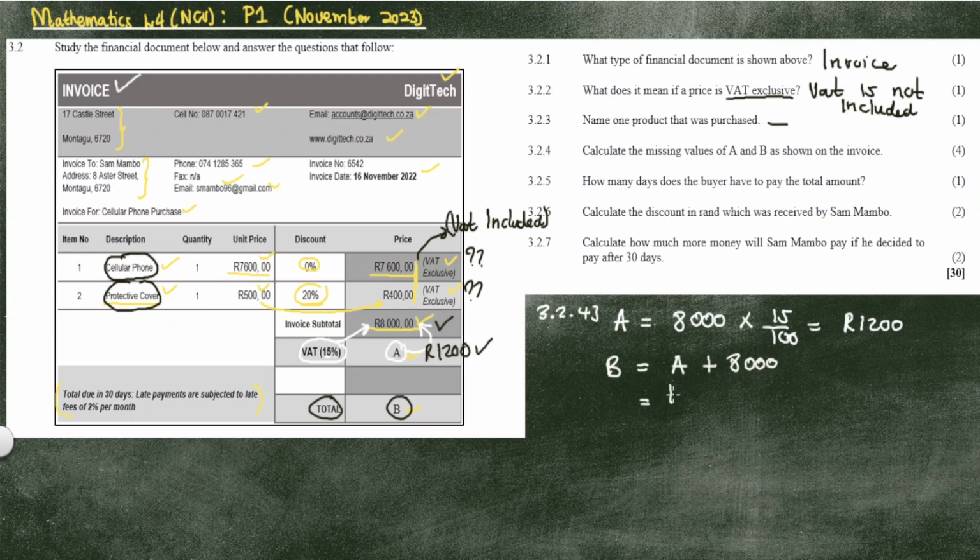So 1,200 and 8,000 rand. So that's 9,200 rand. This is the final answer for B. Okay. Then 3.2.5.